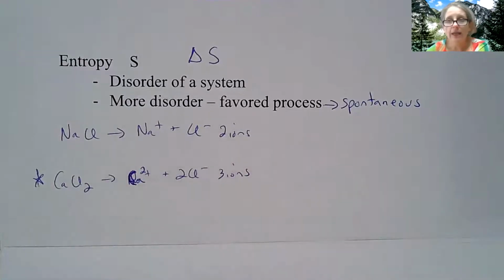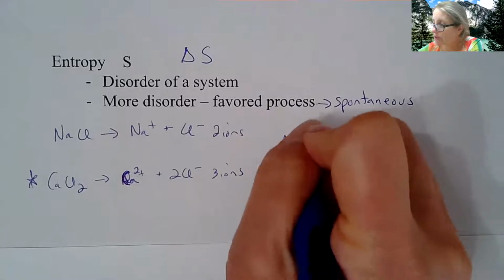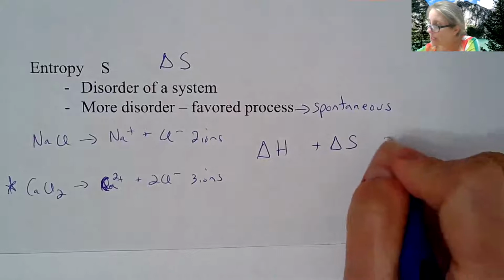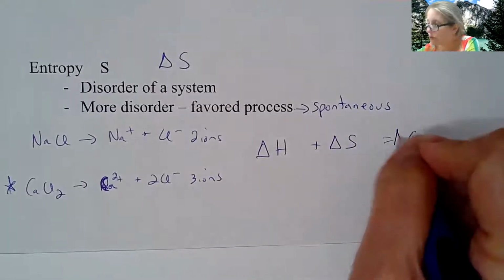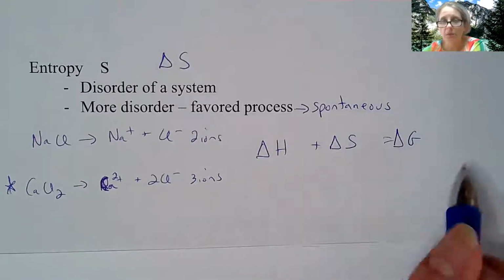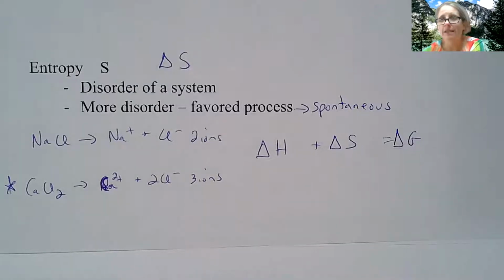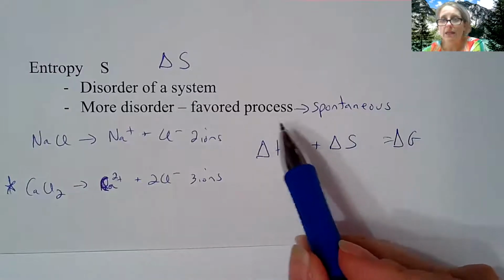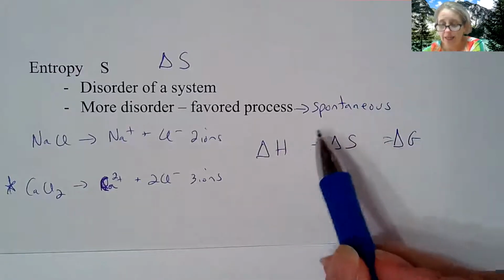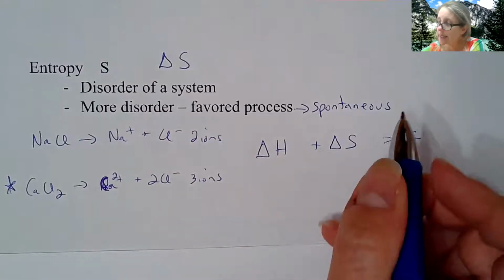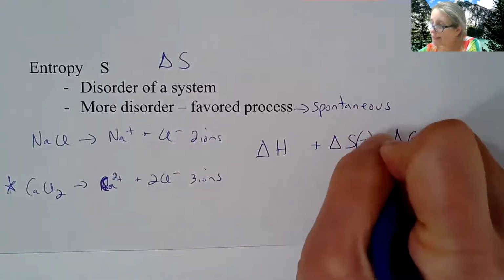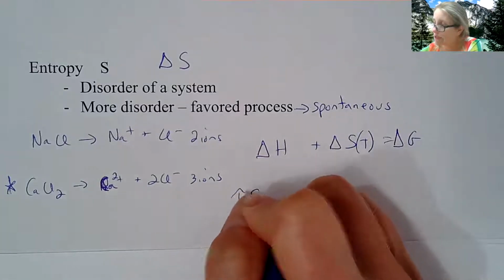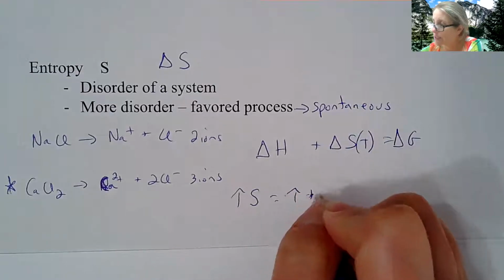So not only are we looking at a delta H, we are also going to be looking at what we call delta S. And the combination of the two is going to give us something called delta G, which is Gibbs free energy. And that's what we're going to talk about later on in chapters 19 and 20. So delta G is really the combination of, is it exo or endothermic, and do you have an increase in entropy? Now the increase in entropy is going to be multiplied by temperature, because if I have an increase in entropy, I probably have an increase in temperature.